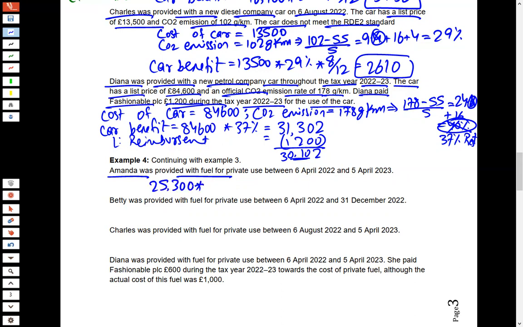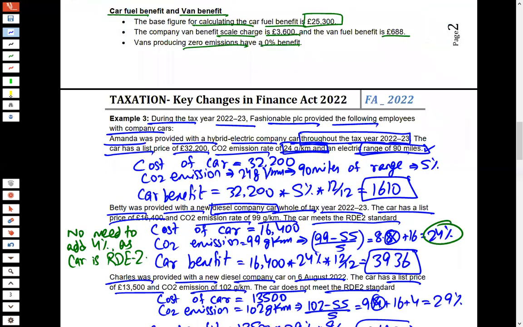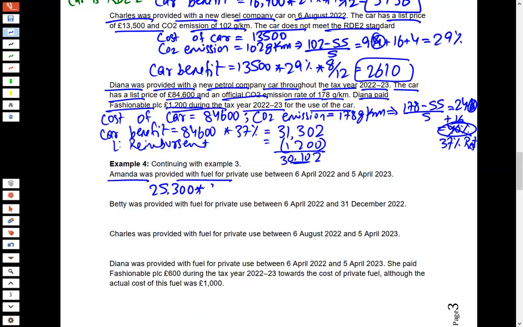The CO2 emission percentage for Amanda was 5%. Since it is for the whole of the tax year, I'm dividing it by 12. As a result, this amount is 1265.